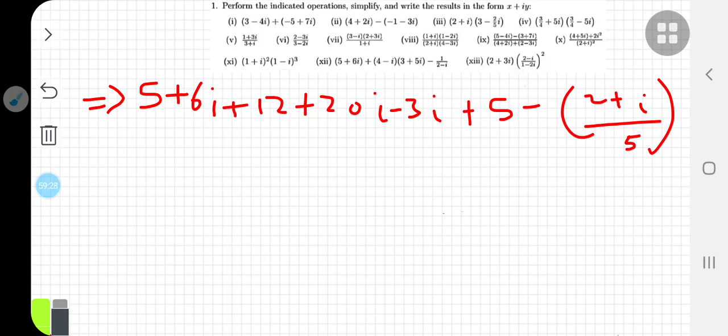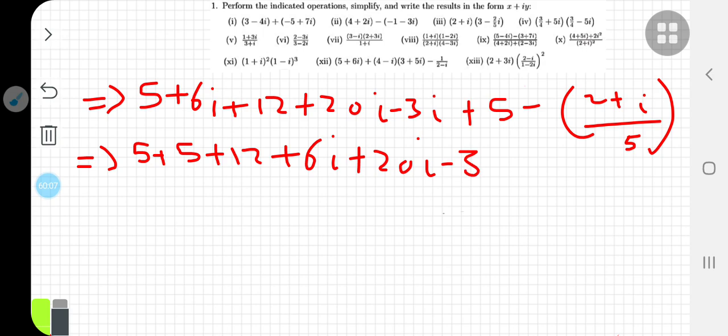From here, we do the working. So here I'm having 5 plus 5 there, and plus 12, and plus 6i plus 20i minus 3i minus 2 plus i over 5.